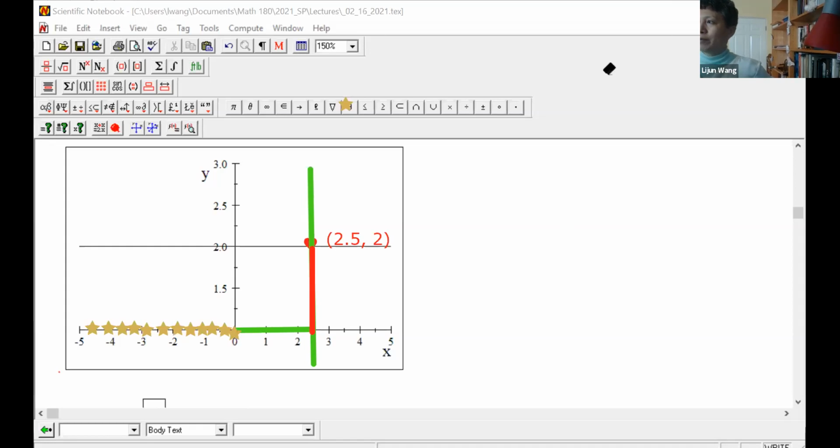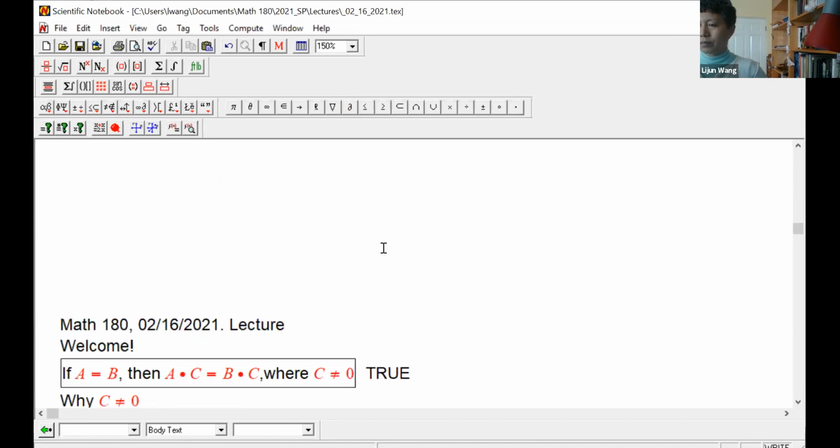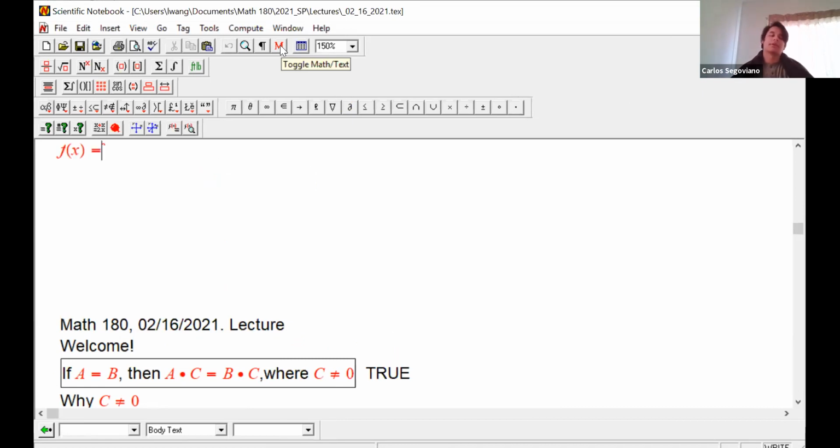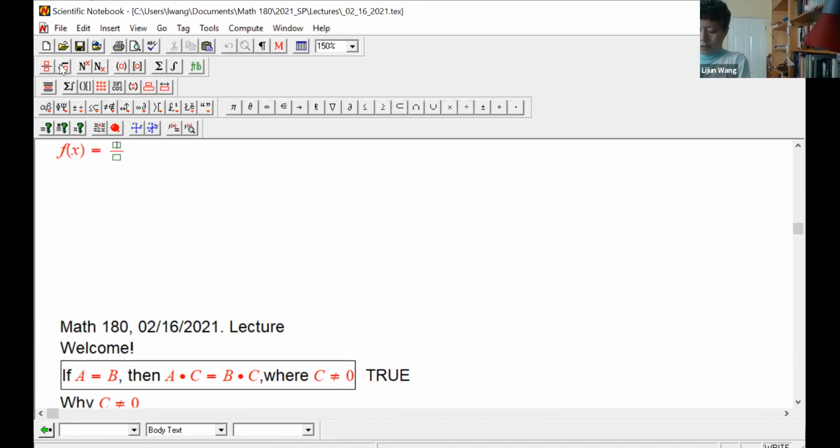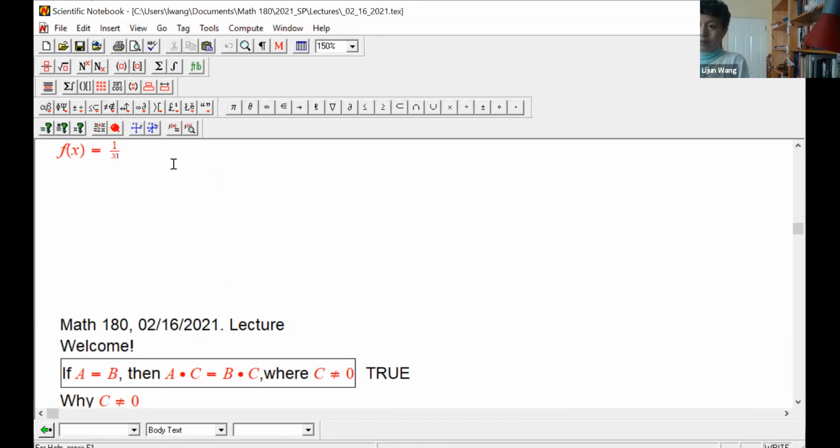Okay, so now let's move on to the next curve, next function. What's the next one in the table? f of x equals what? 1 over x.